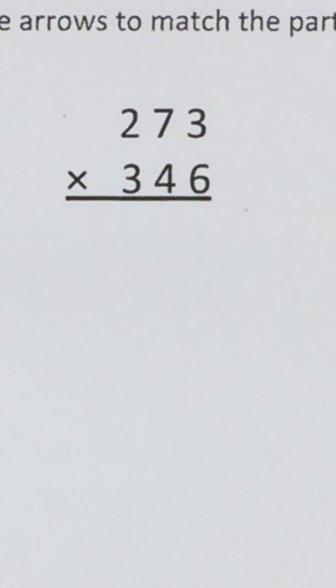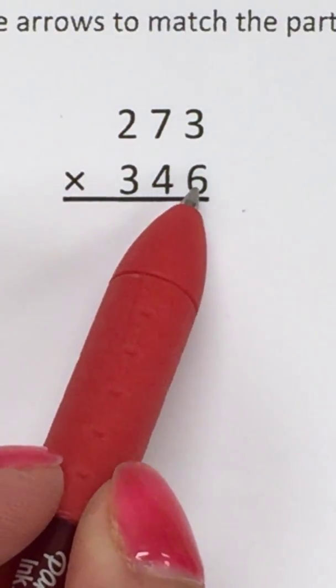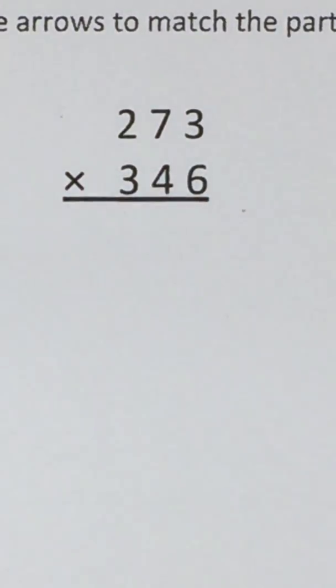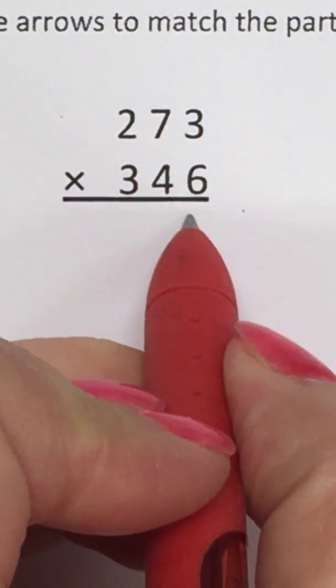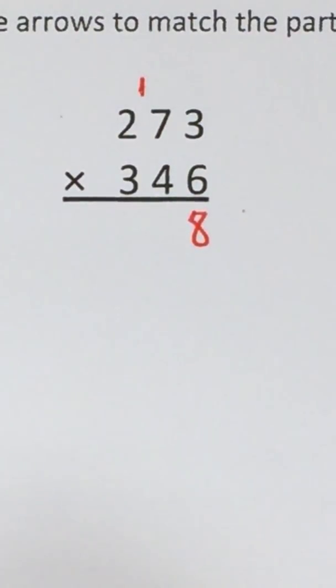So if I look at this very first problem, 273 times 346, it's going to start off the exact same way that your other problems start off. So I'm going to do the multiplication of the 6. I'm going to do it times the ones place, the tens place, and then the hundreds place. So 6 times 3 is going to give me 18. I carry my 1, or my plus 1 if you'd like to put the plus in front of it. 7 times 6 is 42.